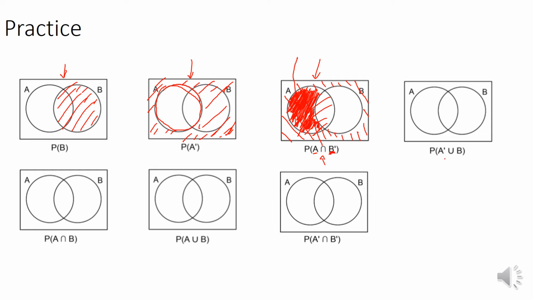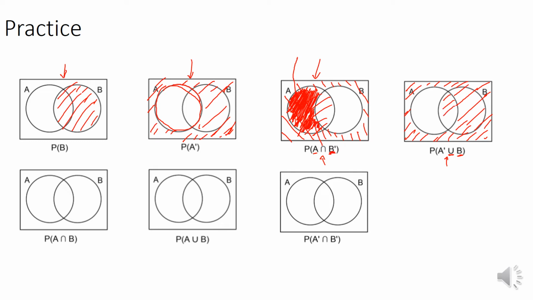Okay, so probability of not A union B. So we're doing union now, not intersection. So not A, we've got anything not in the A circle. So that also includes this section of B. And then it's the union of that and B. So we're going to add in any parts of B that have not already been added.